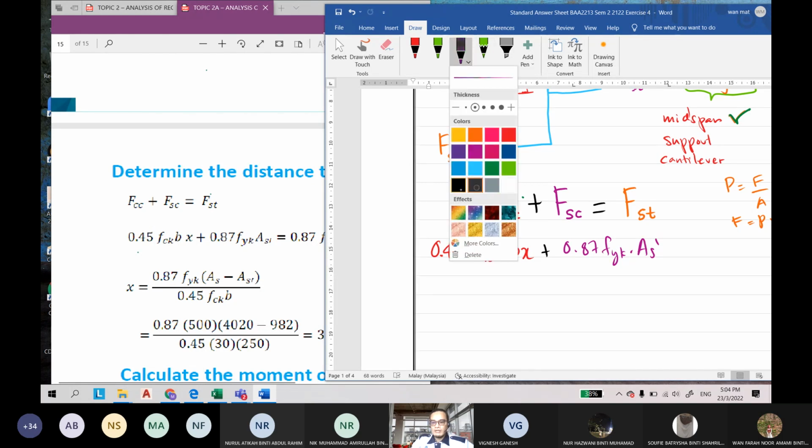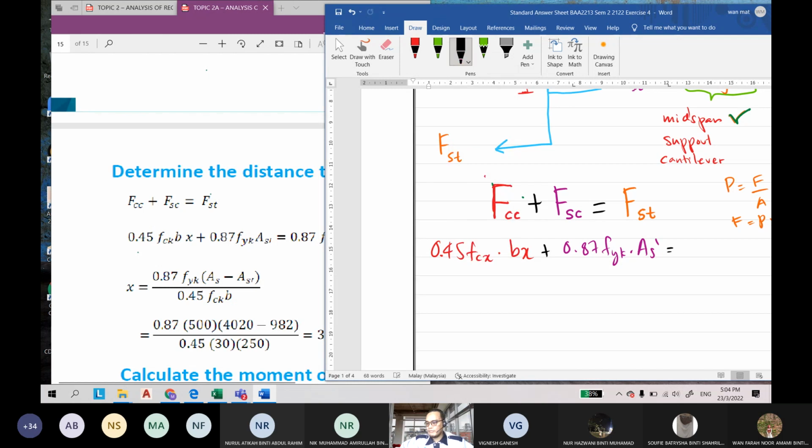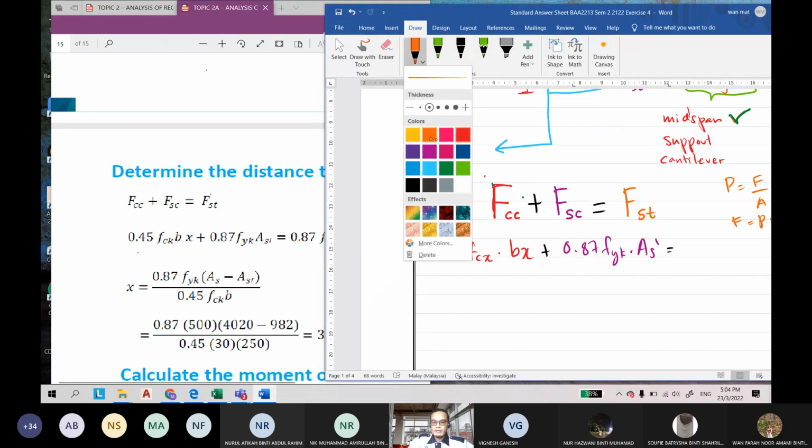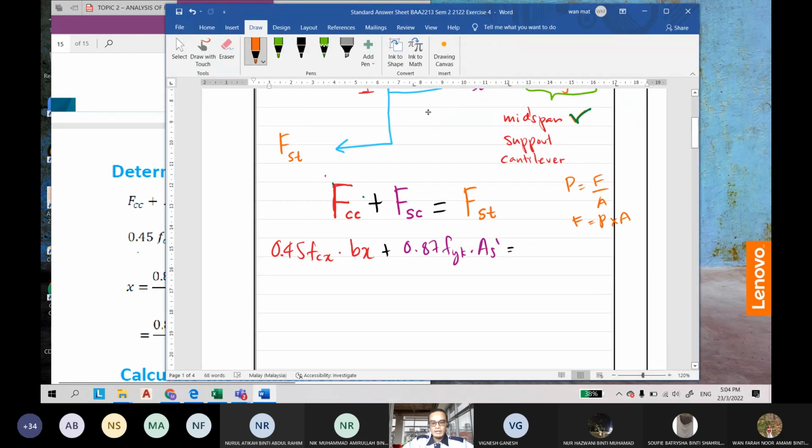It must be equal to Fst, which is 0.87 fyk, the stress, times As.